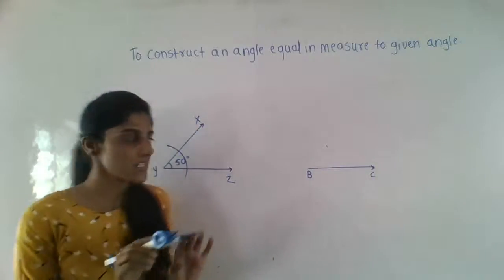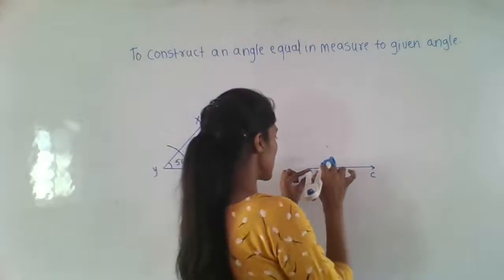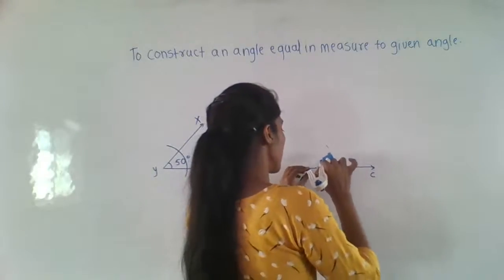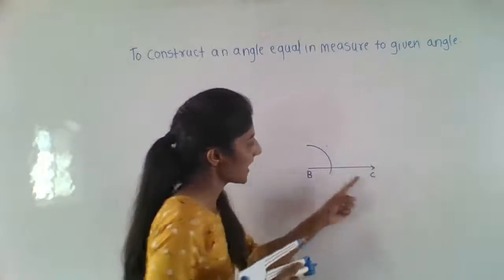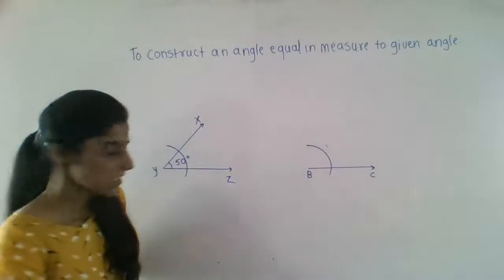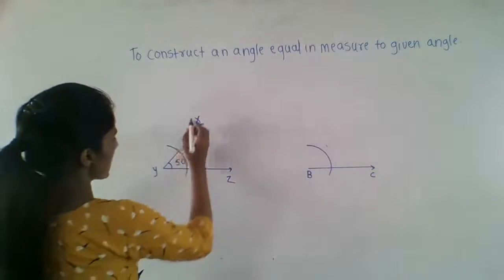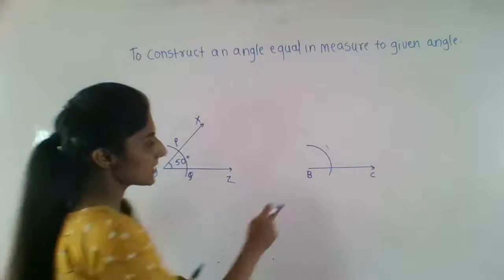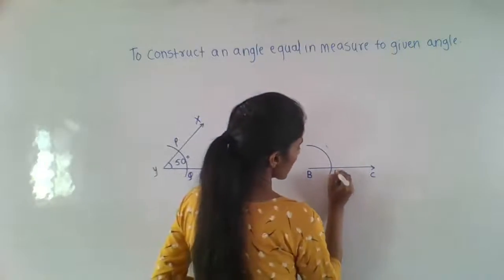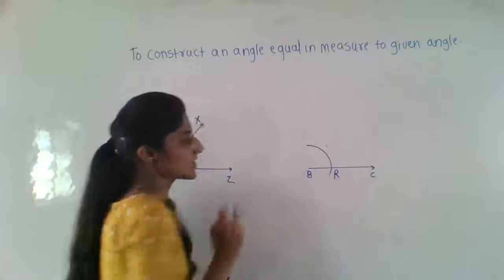With the same distance, place the point of the compass on B and draw an arc which cuts the ray BC. Understand? Now name the points of intersection P and Q, and the intersection point on BC is R.